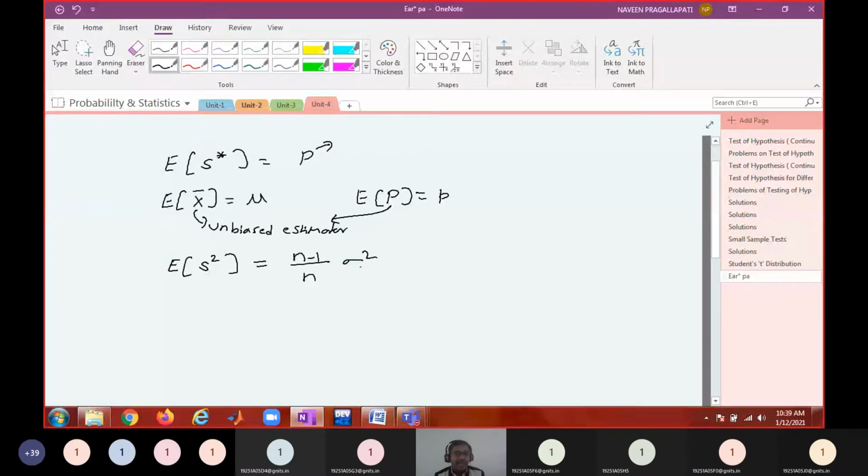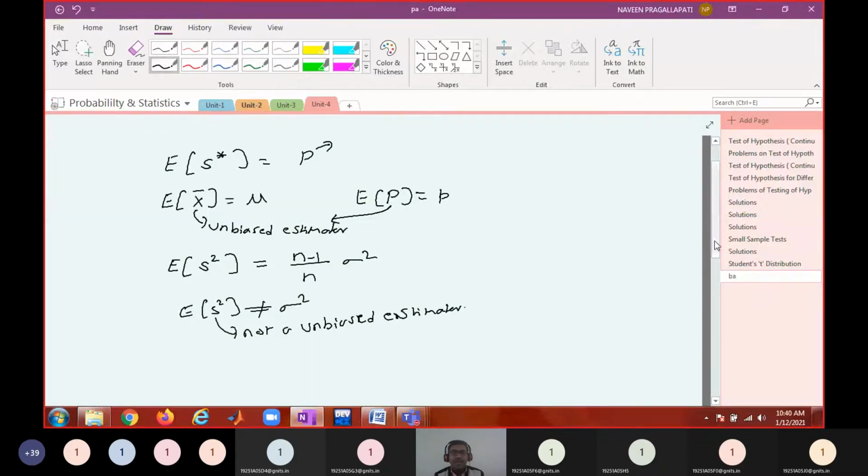So you are not getting the expectation of s square as sigma square. Because the expectation of a sample variance is not equal to the corresponding population variance, s square cannot be an unbiased estimator.